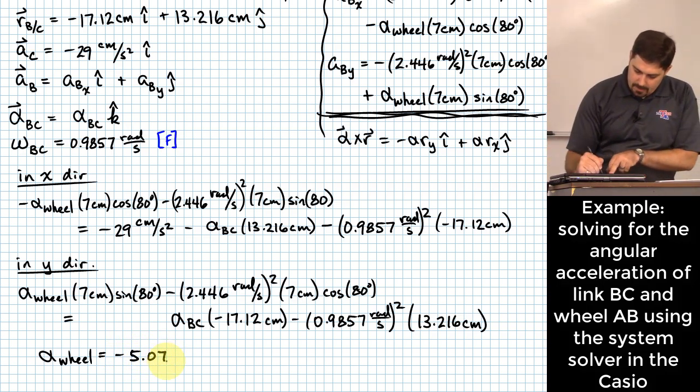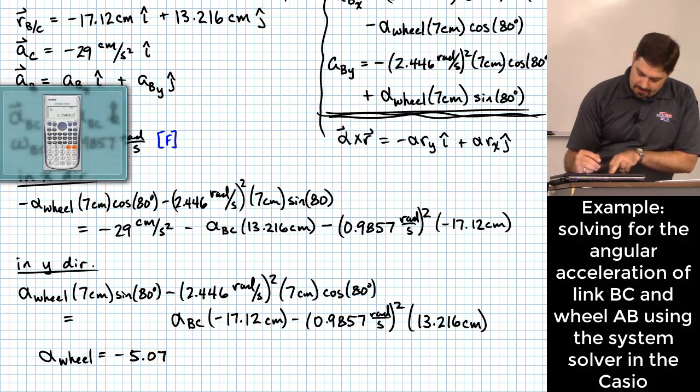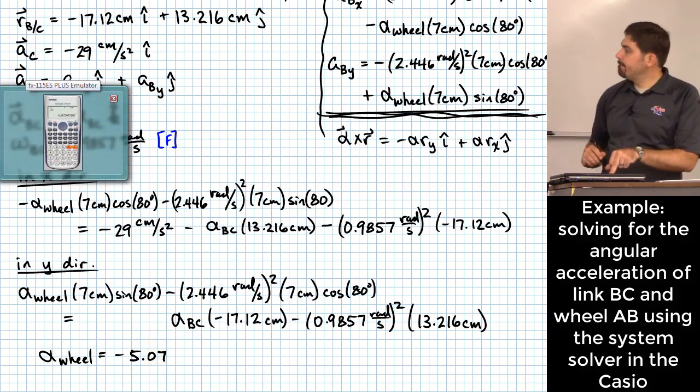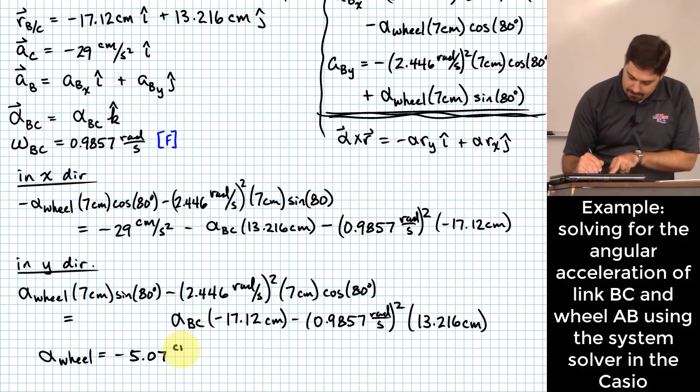All right, 5.07 what? All right, it should be centimeter per second squared.